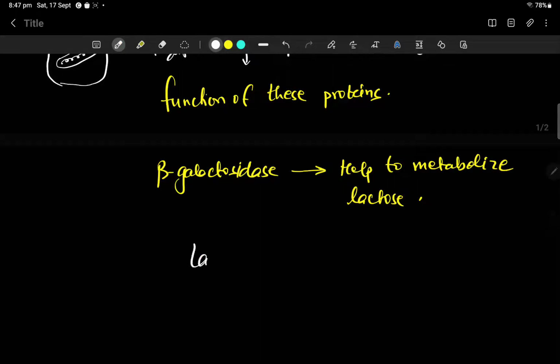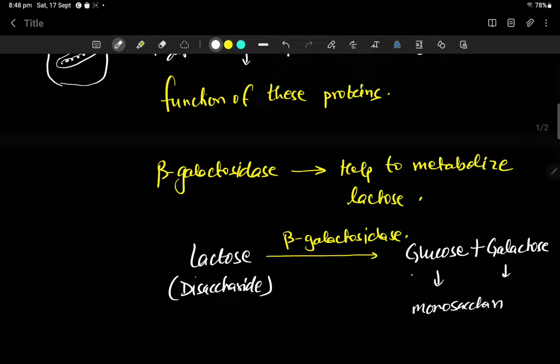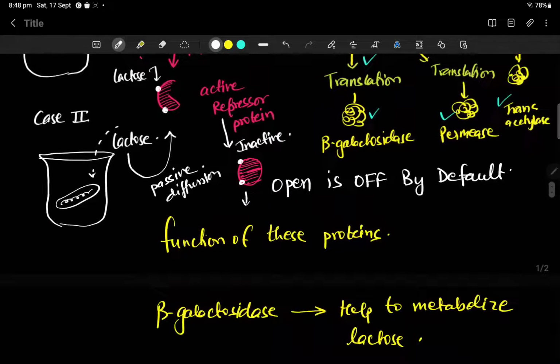We have lactose, and then this is beta galactosidase, and this will break lactose into glucose and galactose. So you should know that lactose is a disaccharide, and glucose and galactose are monosaccharides. That means they are made up of only one unit of sugar.